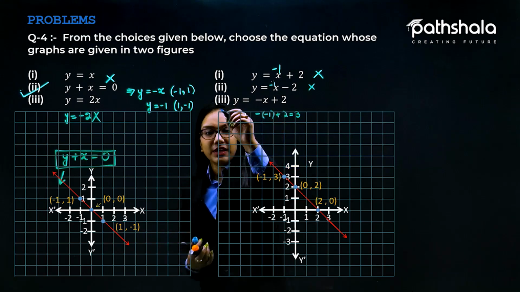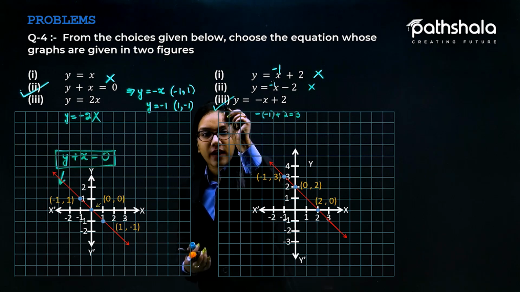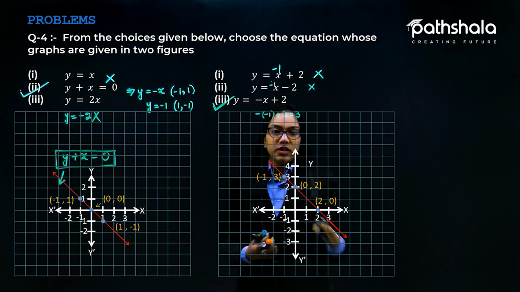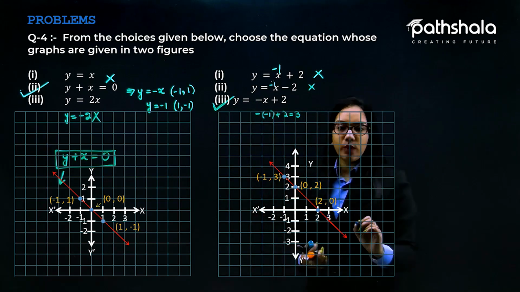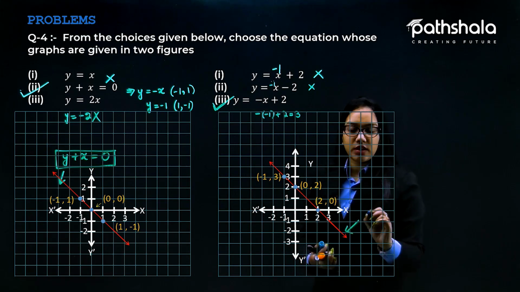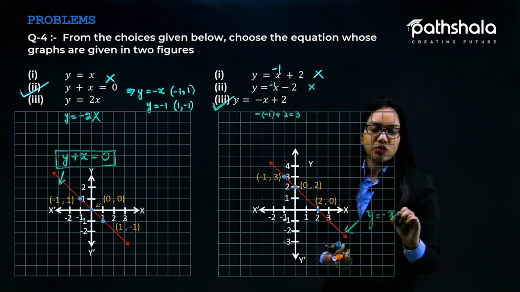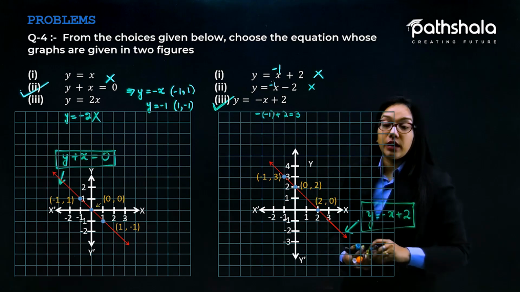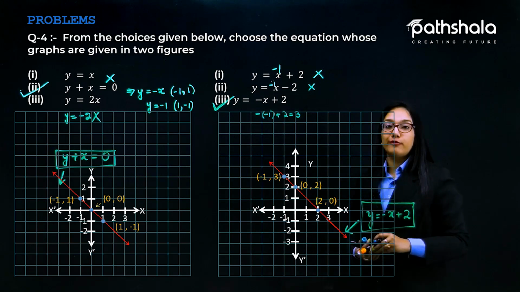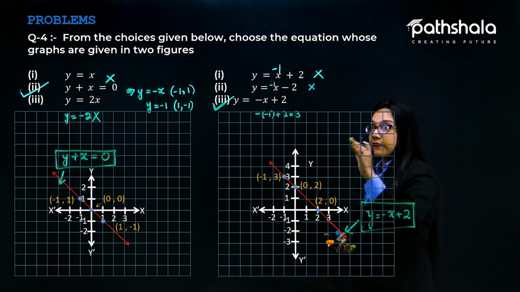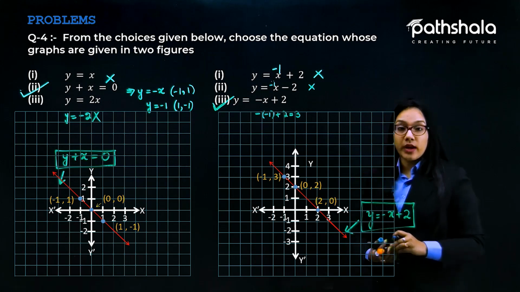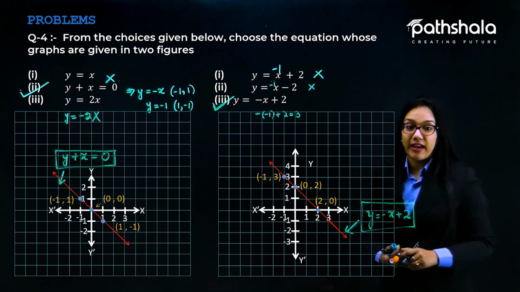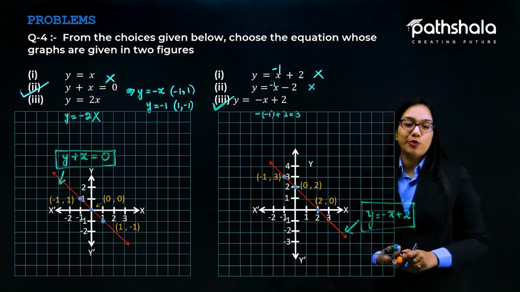It means this is the equation that is satisfying all these points. It means the equation of this particular graph is y is equal to minus x plus 2. So this is all about question number 4, in which we have to choose the equation out of the given equations which one is satisfying our graphs. So let's just move on further.